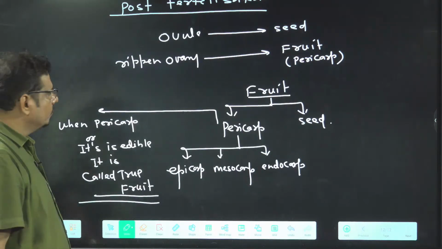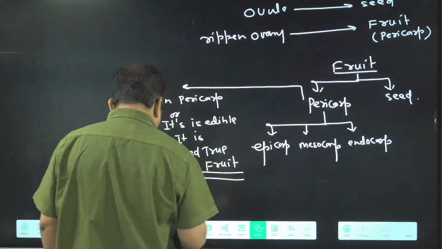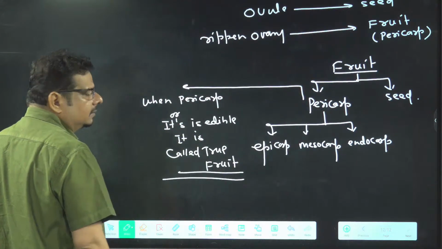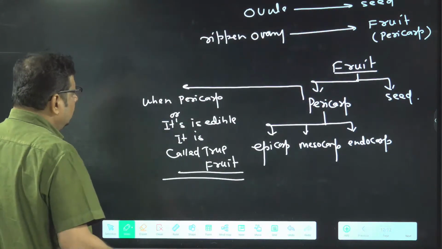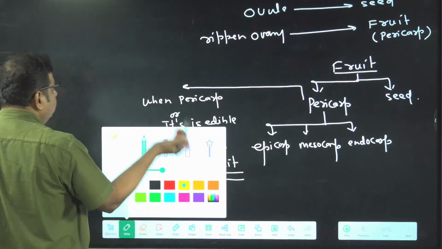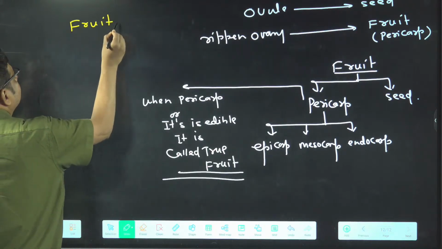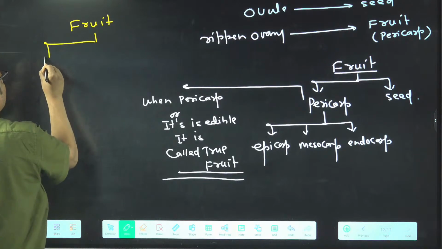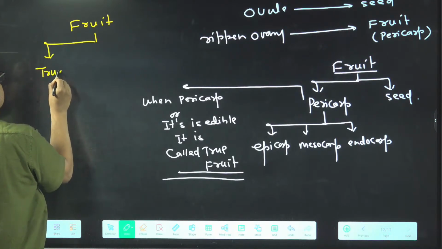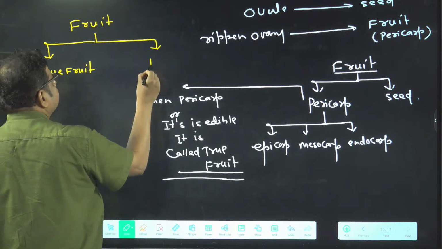True fruit. So what is a false fruit? When a part of the flower other than the ovary becomes fleshy and edible. So we can classify the fruit into 2 categories. One is true fruit and another is false fruit.